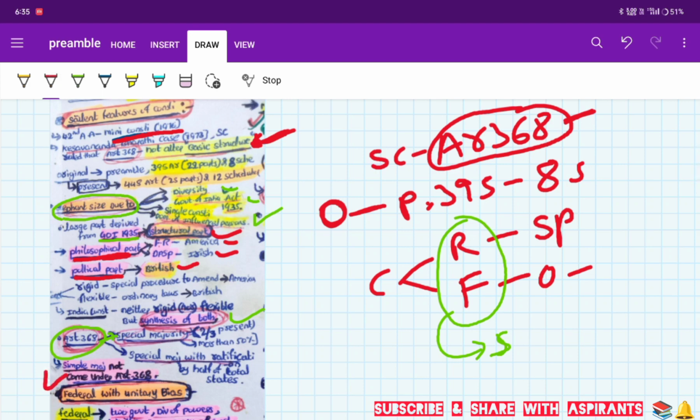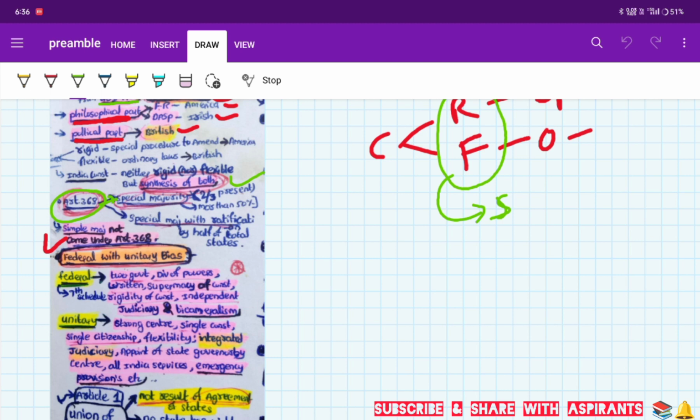Now, what are the federal features and what are the unitary features in the Indian Constitution. The federal features are two governments, division of powers, written and supremacy of the Constitution, rigidity of the Constitution, independent judiciary and bicameralism.